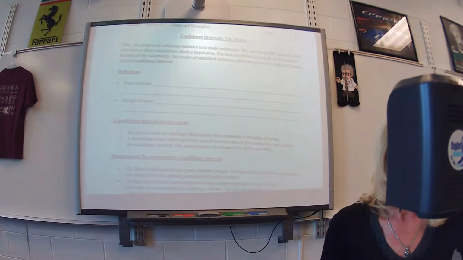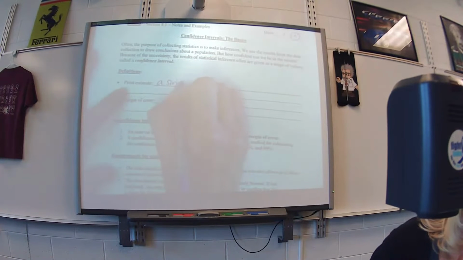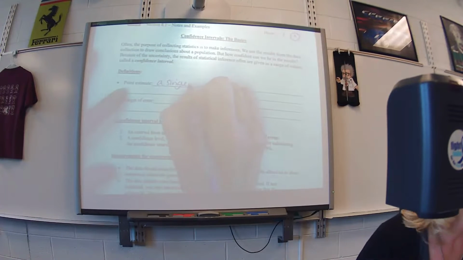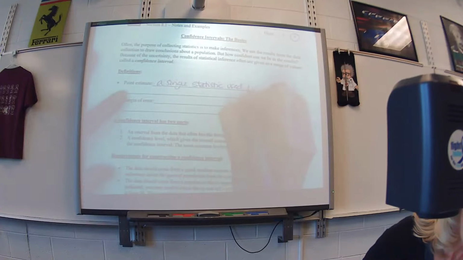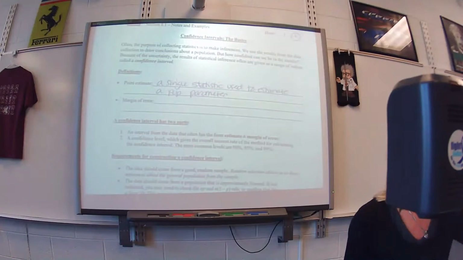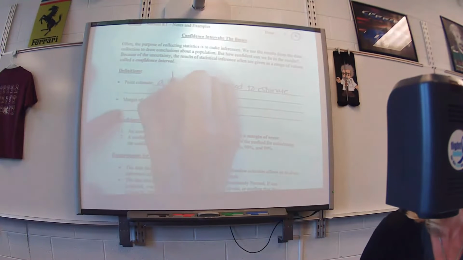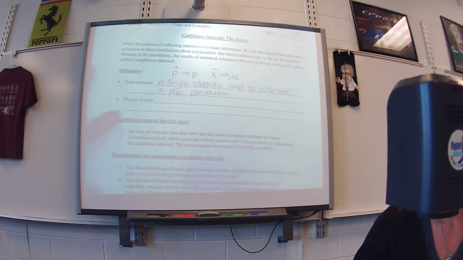All right, point estimate. A single number, a single statistic used to estimate a population parameter. As a reminder, we're going to be doing P hats, which are used to estimate P, and X bars that are used to estimate mu's.